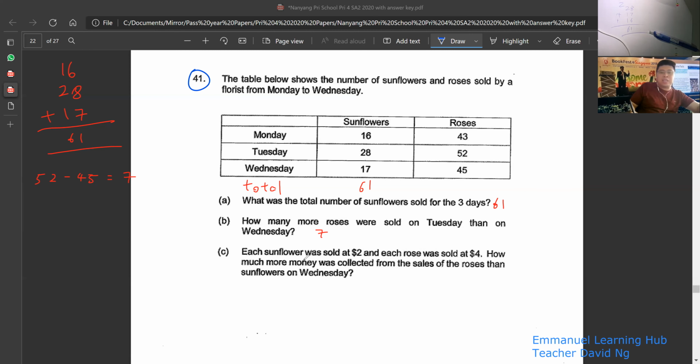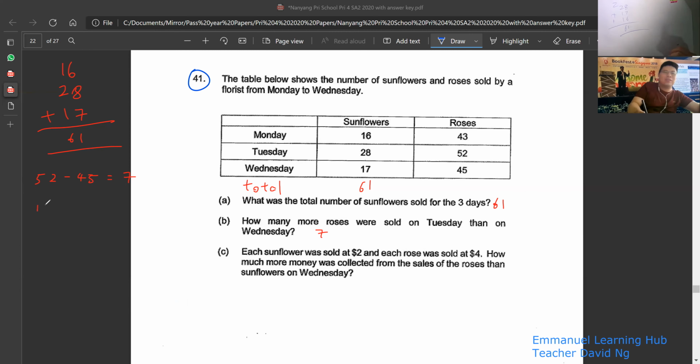Each sunflower was sold at $2. Each rose was sold at $4. How much more money was collected from the sales of roses than sunflowers on Wednesday? What must you do? 17 times 2. Yep. And 45 times 4.